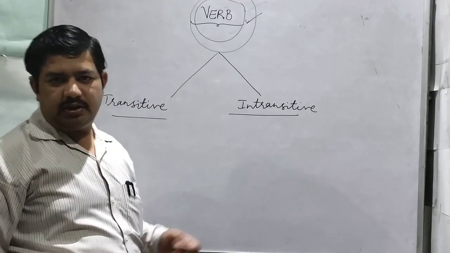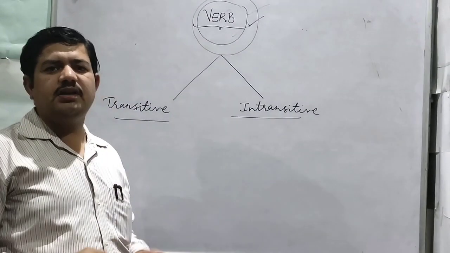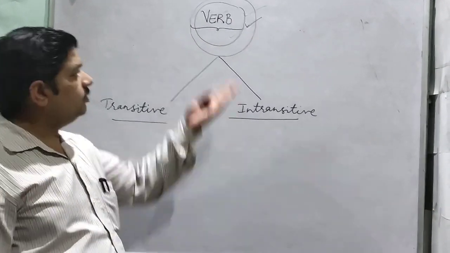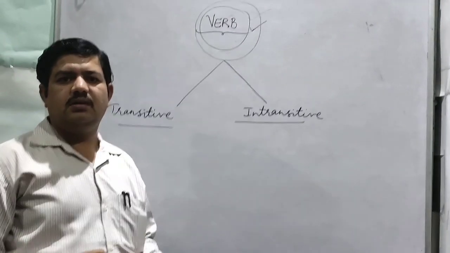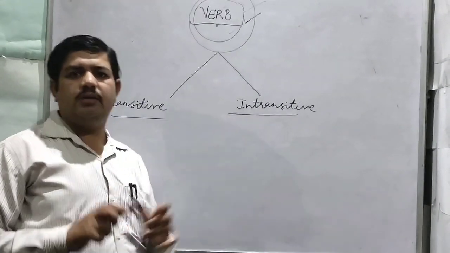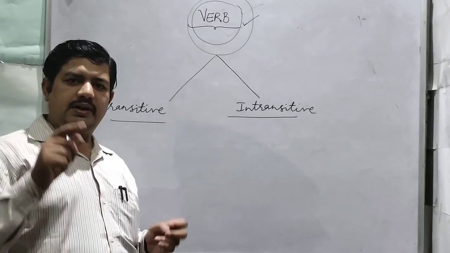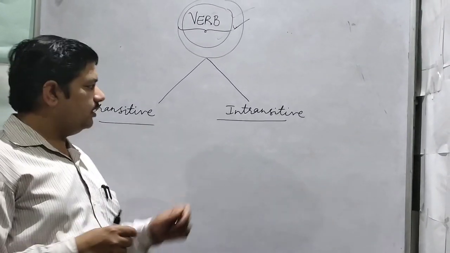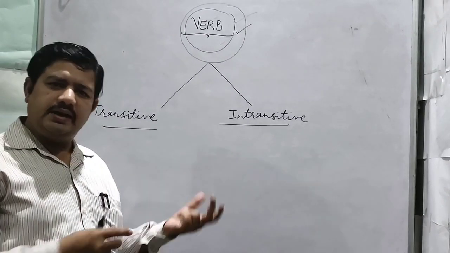These are very important parts. Many children are not aware of these two types. They simply know that verb is just an action word, but when they are asked about these two, they have confusion. But that confusion will not be there. Listen very carefully.